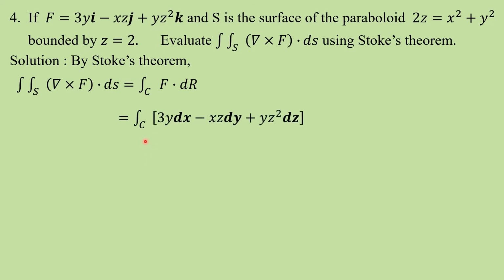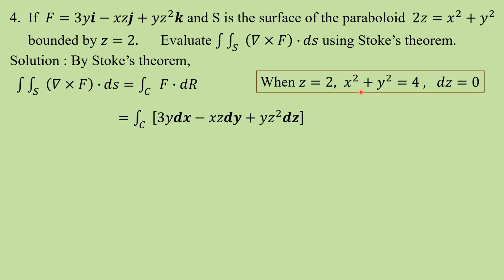I have to evaluate this along C, and C is nothing but z equal to 2 and x square plus y square equal to 4. As z equal to 2, that means dz is 0, so this part vanishes, and substituting z equal to 2, we get the line integral 3y dx minus 2x dy. This we have to evaluate along C.